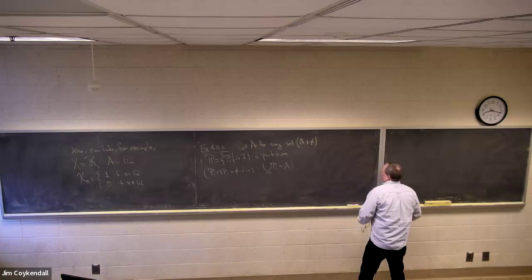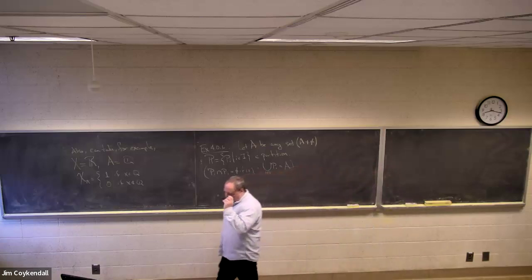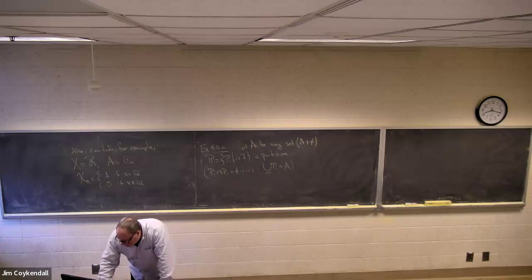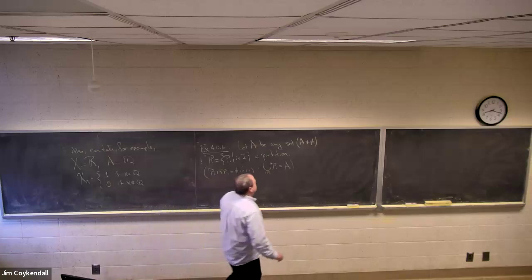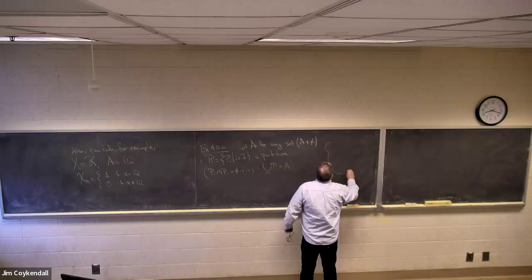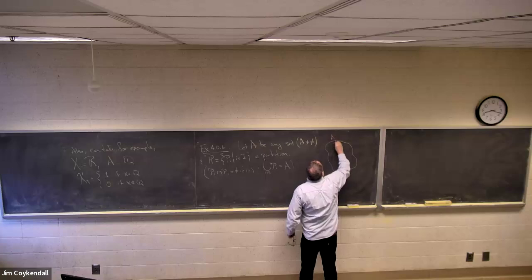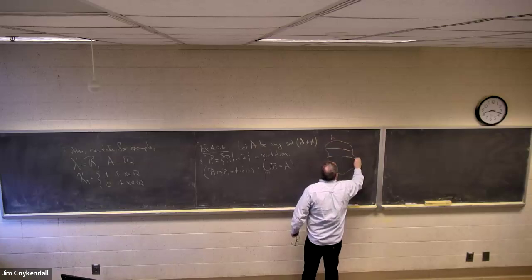So we want to create a function from A to B. That's what we're heading for, and I'm going to use this partition to do this. So we have A, partitioned into the puzzle pieces.